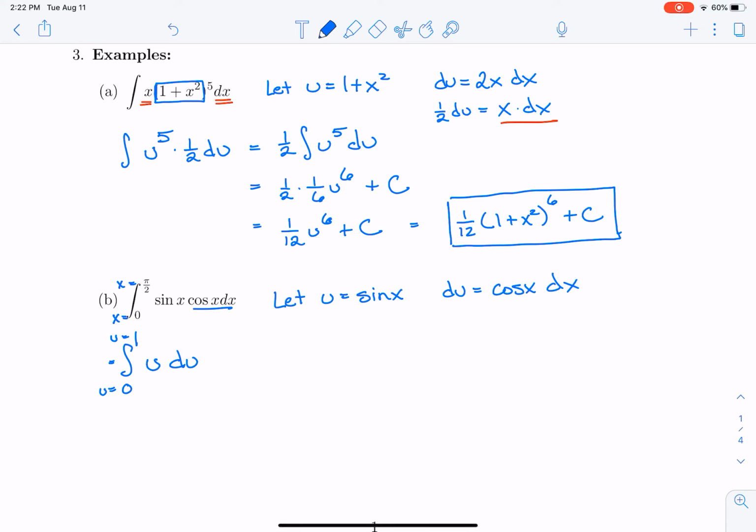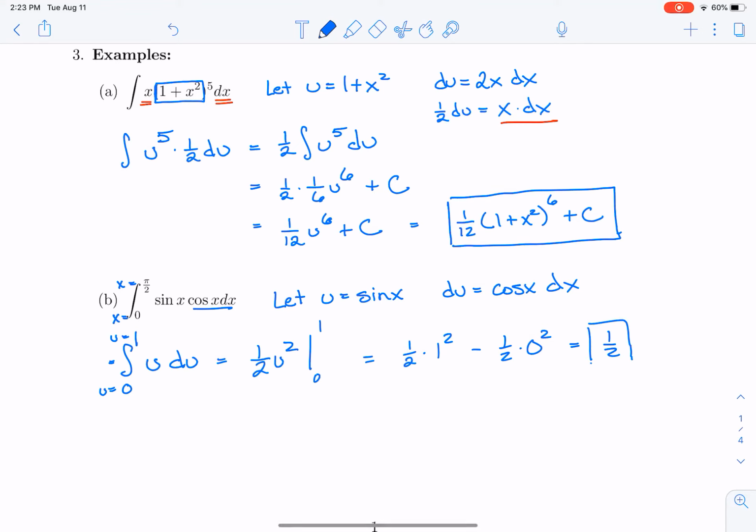Okay, so the integral of u du is 1/2 u squared. That's the antiderivative. I'm going to evaluate that between 0 and 1. And so I'm going to get 1/2 times 1 squared minus 1/2 times 0 squared, and that will equal 1/2.